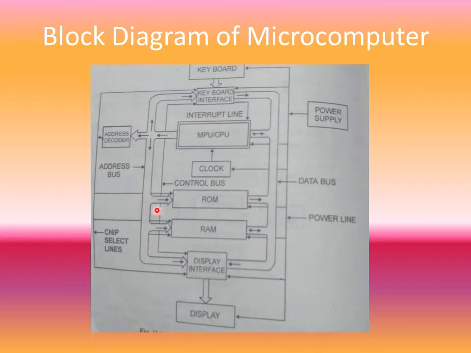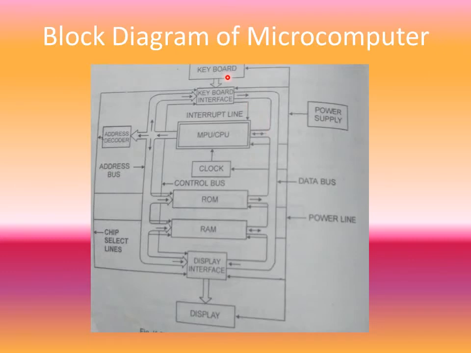This control bus controls all the signals of this device. Next, all these blocks are connected to the power supply. So power supply is necessary for the circuit. And there are some chip select lines which are used to select different parts. So this is the main block diagram of microcomputer.